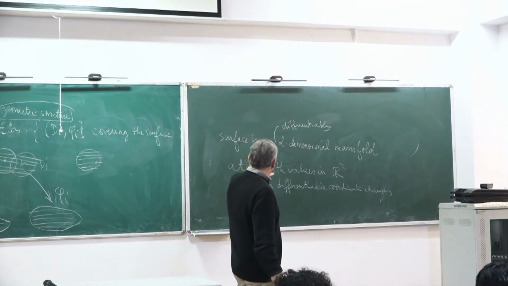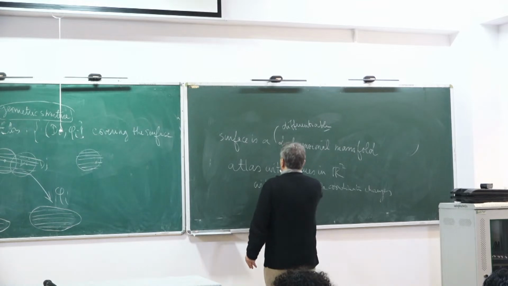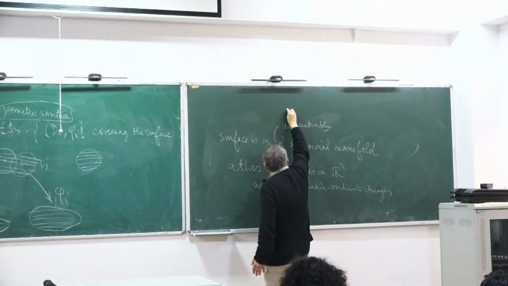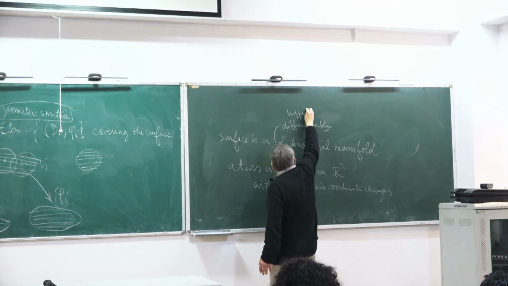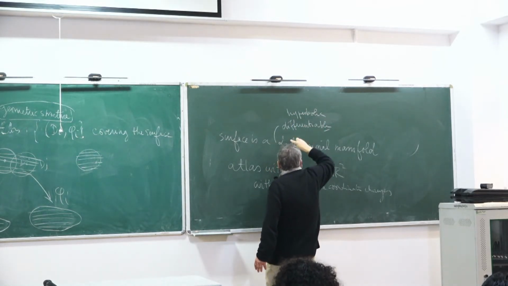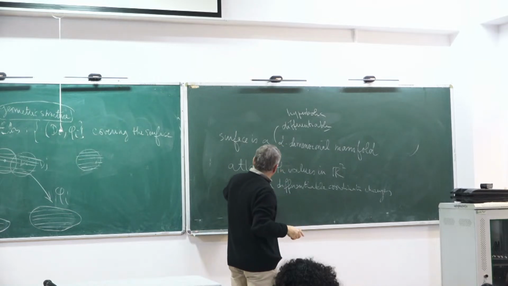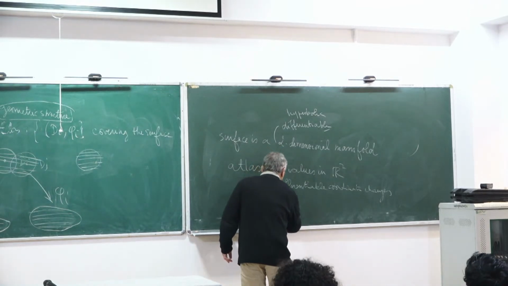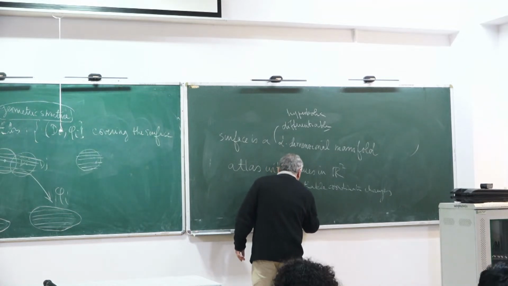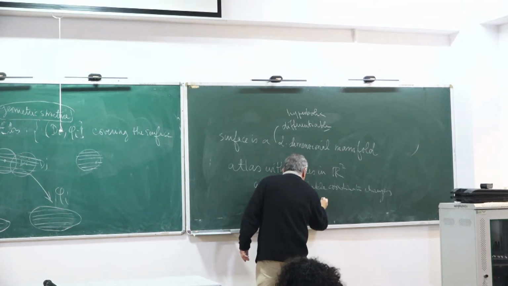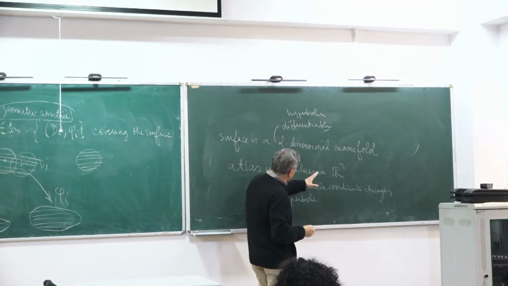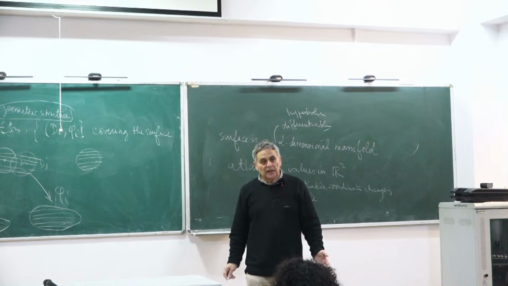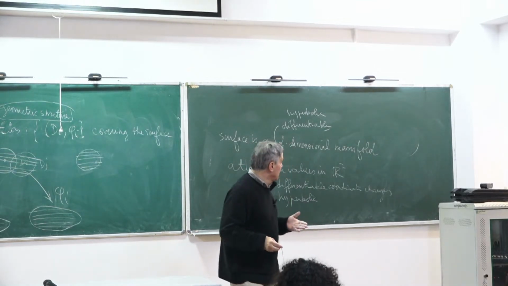A surface can also be a hyperbolic two-dimensional manifold. I have an atlas with values in the hyperbolic plane. The coordinate changes are hyperbolic isometries. This means that I have to replace R2 by the hyperbolic plane, and so on. So you have different kinds of manifolds.